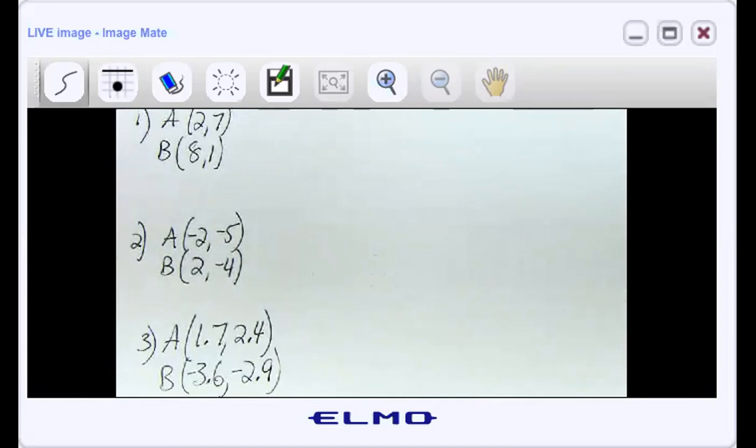Again, you are always welcome to use a calculator. Be very careful of your signs.